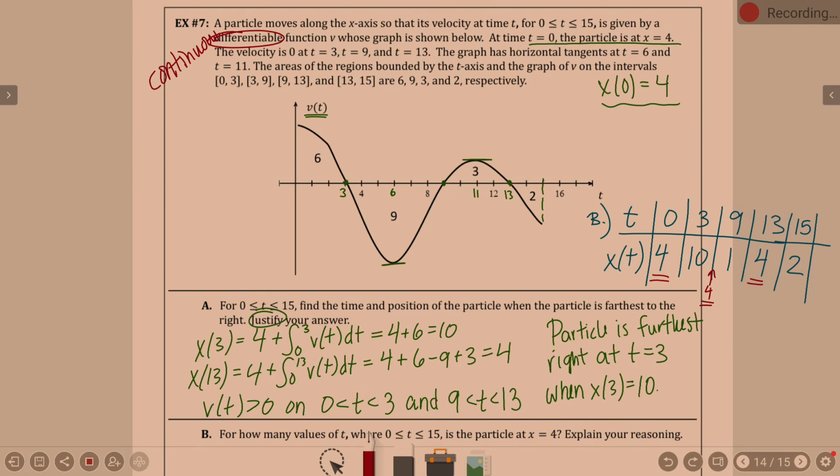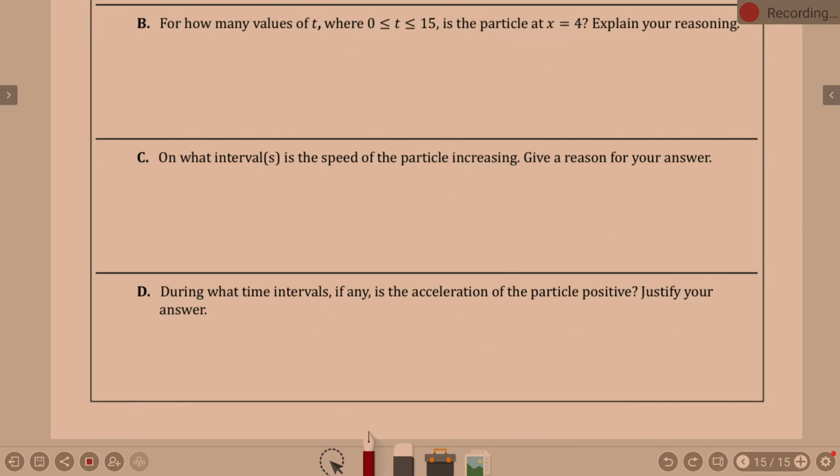Now, I would have this information down on B, because it's going to say explain your reasoning. I did mention that the particle is continuous. I can guarantee you don't remember it, but there's a theorem: IVT.